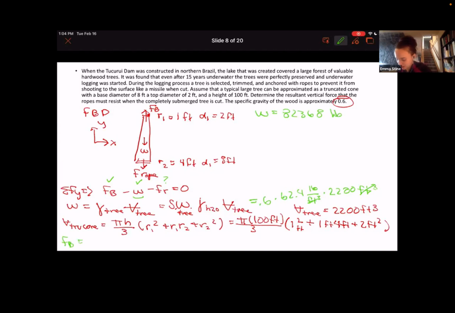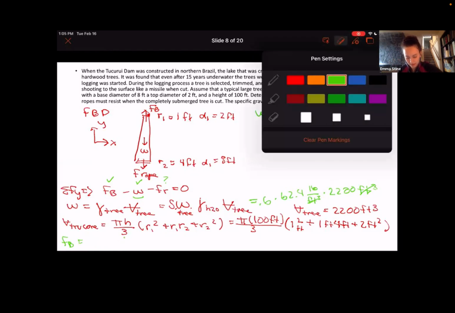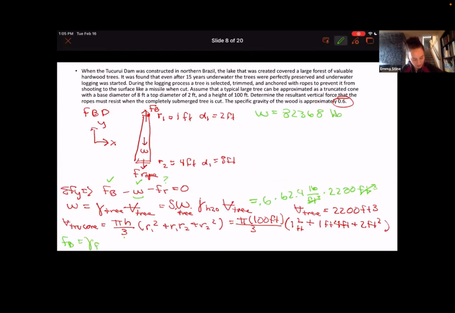Maybe I can do this all on one page. Force buoyancy, because the tree is completely submerged, is the specific weight of the fluid, which is H2O, times the volume displaced. In this case that's the specific weight of H2O times the volume of the tree, because the tree is completely submerged, so that's the whole displacement.